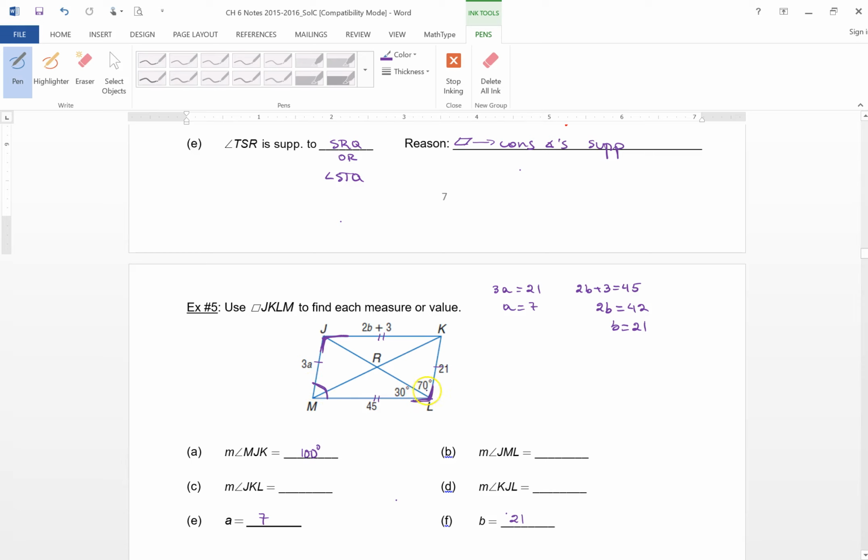So if this is 100, then this is 80 because of consecutive angles. Measure of angle JKL, this one, is 80 because it's congruent to JML. Now we're left with this one here. If this triangle is congruent to the one on top, then if this is 30, this is 30.